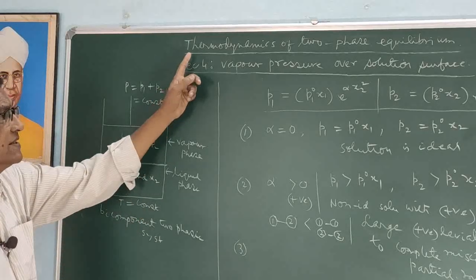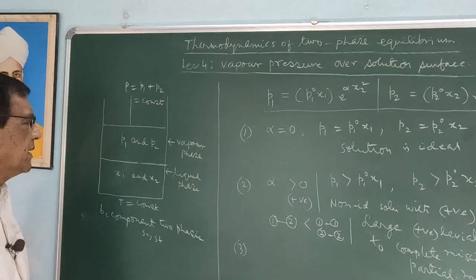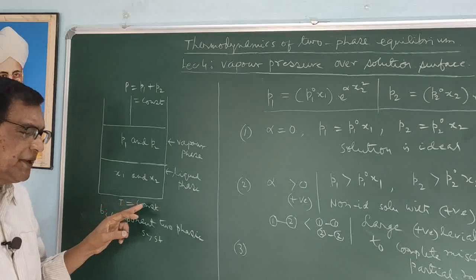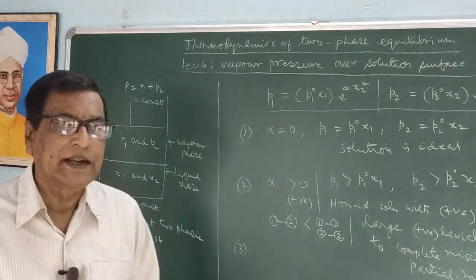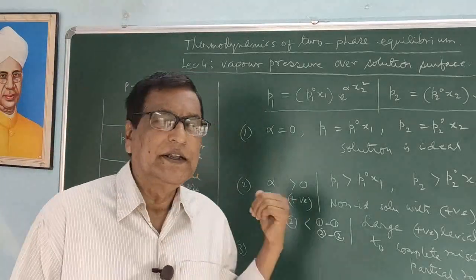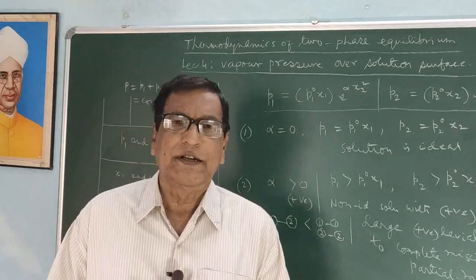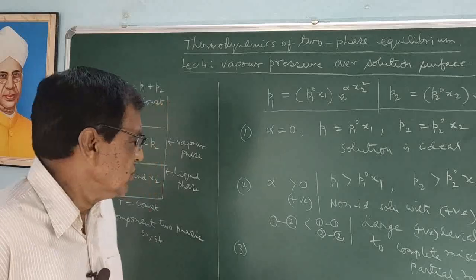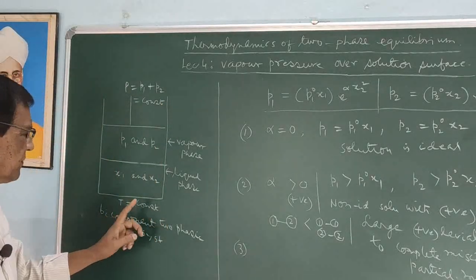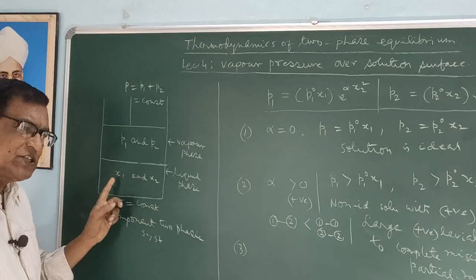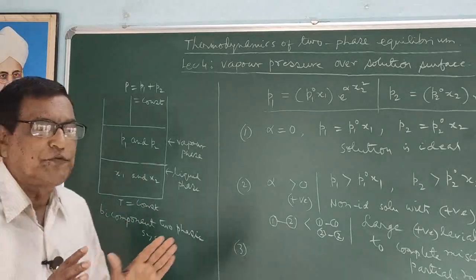So it is a two-phase equilibrium system, and the temperature has been kept constant. Temperature can be kept constant by keeping this container in a thermostat of a fixed temperature. So temperature is fixed and the composition of these two components in the solution is also fixed.